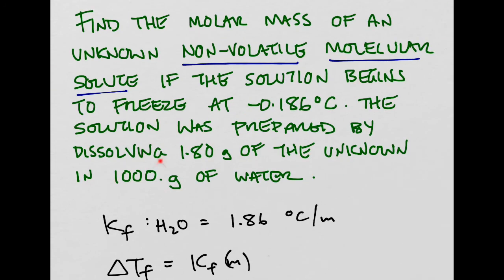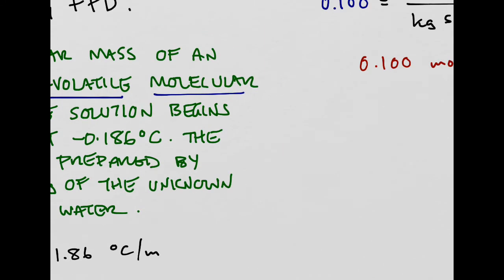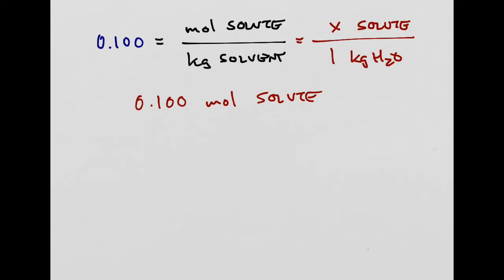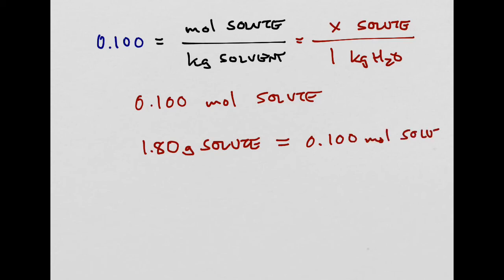That's an important thing because I gave that to you in the question. So 1.8 grams of the solute is the same as 0.100 moles of our unknown solute. That's what I just calculated, so those must be equivalent things.